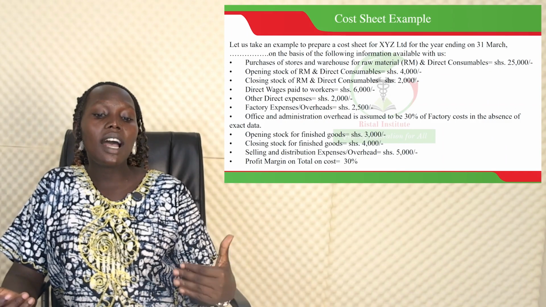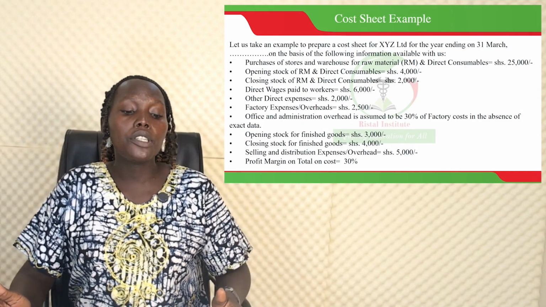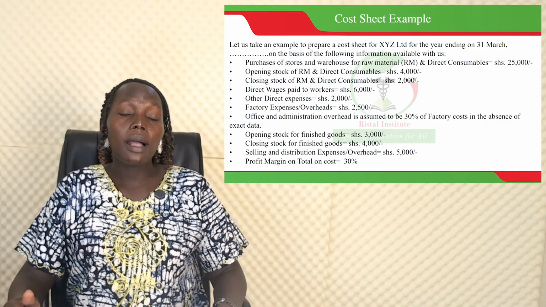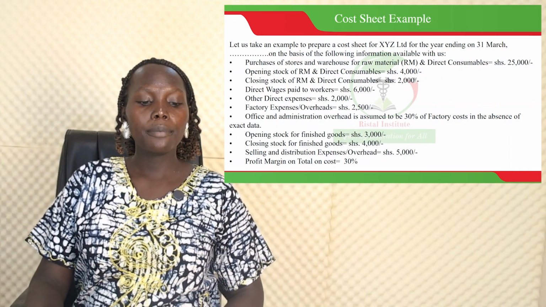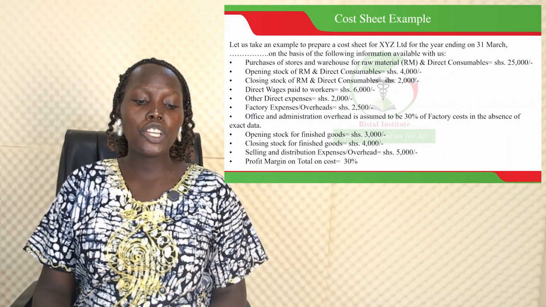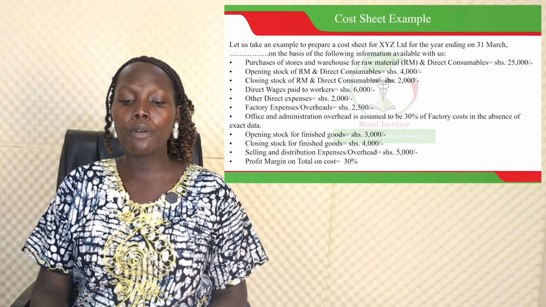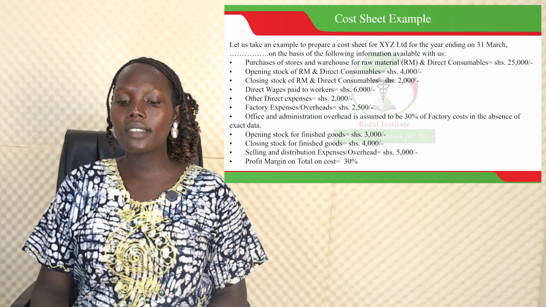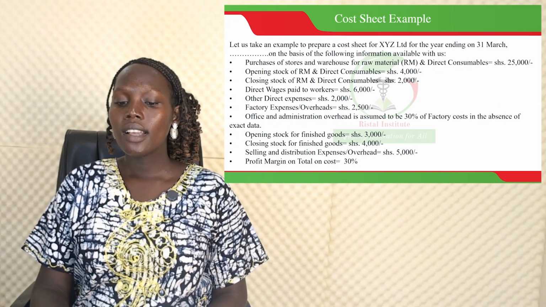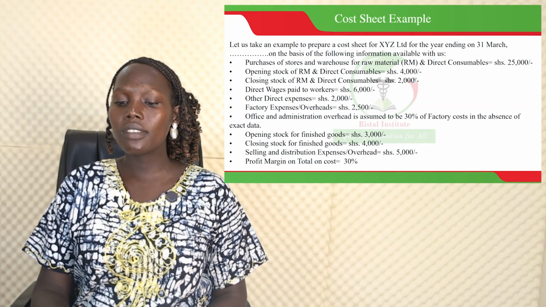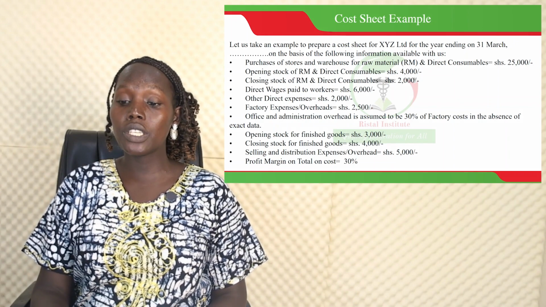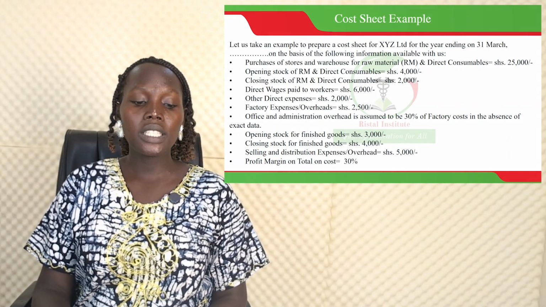So they have given us an example, and we are going to use it in coming up with the cost sheet. We have been given purchases of store and warehouse for raw materials and direct consumables, which is 25,000 shillings.